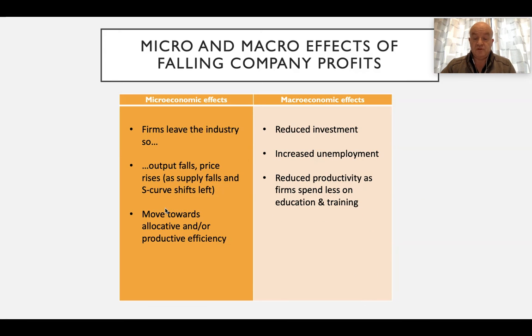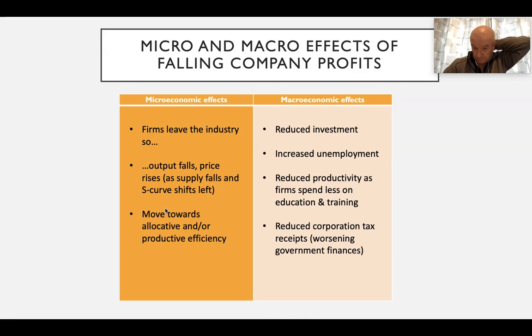It could also reduce productivity, as again, if we've got less money to invest in the business, we might choose to spend less on education and training. So if we have lots of businesses with falling company profits, the danger is that they may not be investing quite so much in education and training, and that's going to reduce productivity overall within the economy.